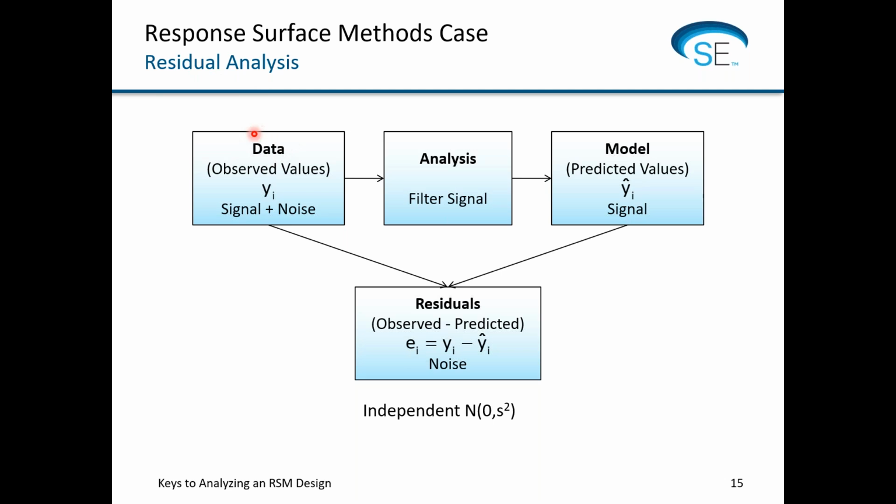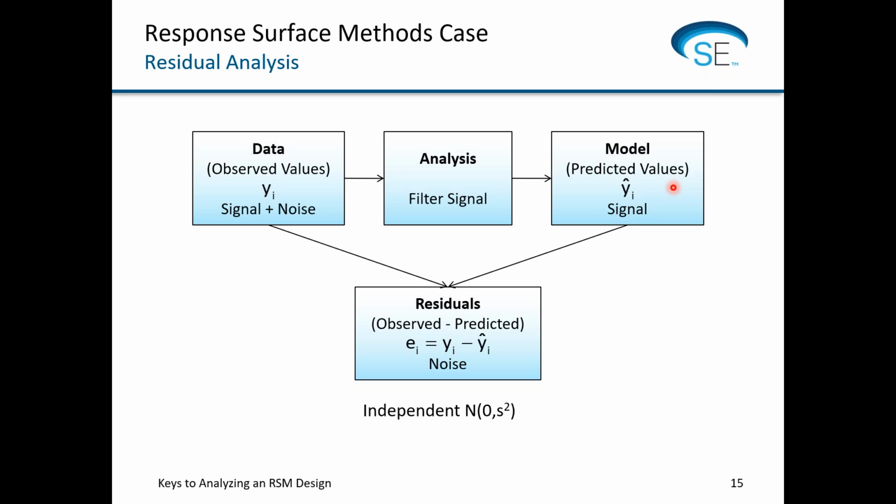We take the data that we measure. In this case, it would be all of the percent conversion values, these responses that we measure. That data has signal in it and noise in it. We use the ANOVA process to filter out that signal and build that polynomial. That gives us the model. From that model, we can then make predictions.